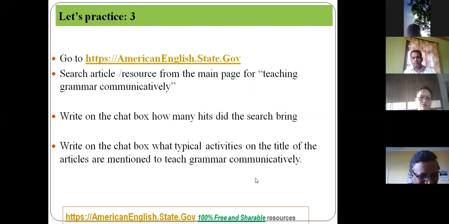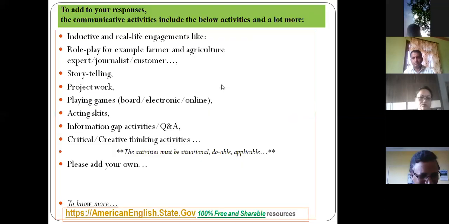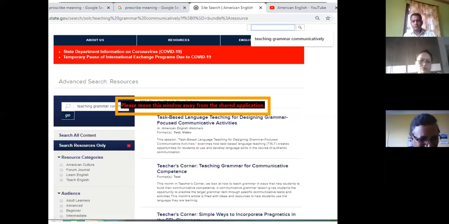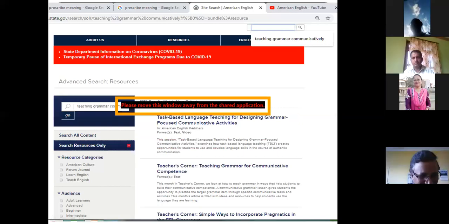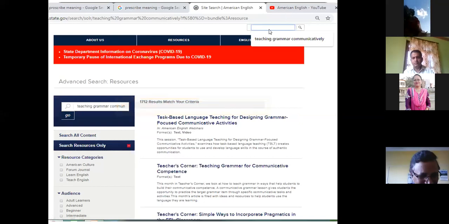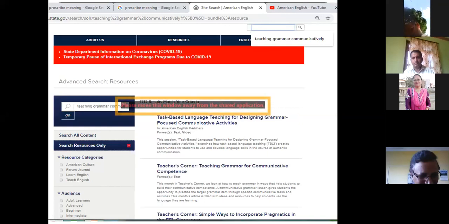So this is the screenshot of this activity. When you go to the site there is a search box, you can see here highlighted in the blue box, the search icon here, and then you type there teaching grammar communicatively, and you will find this result here.